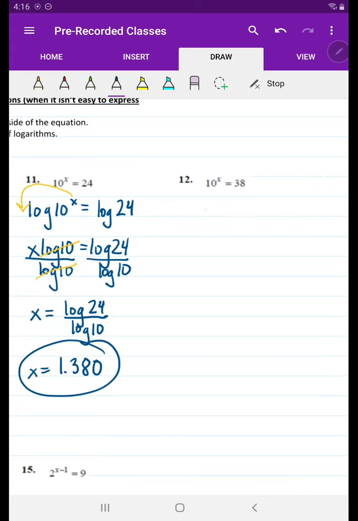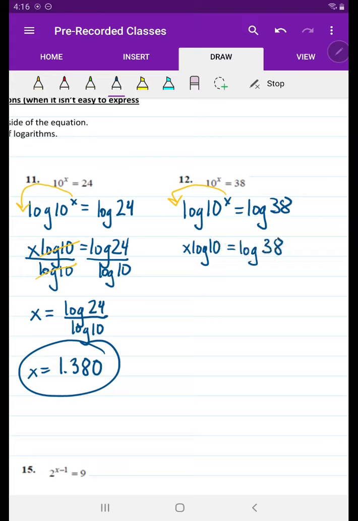So I'll take the log of both sides again. So I'll do log 10^x equals log 38. And remember, your exponents can go in front to become your coefficients. And so that'll give us x log 10 equals log 38. And if we want to get that variable by itself, we'll divide both sides by log 10.